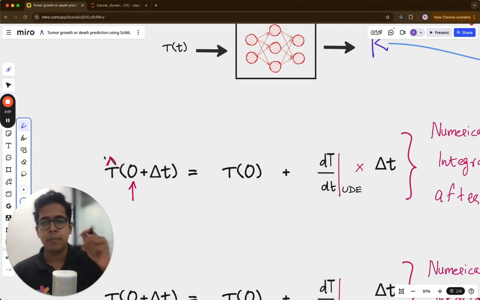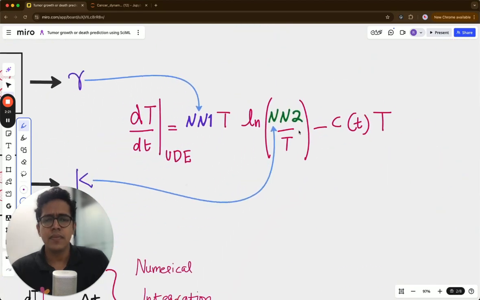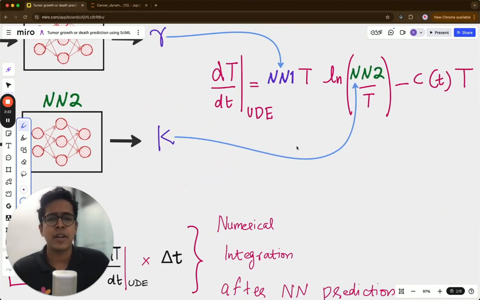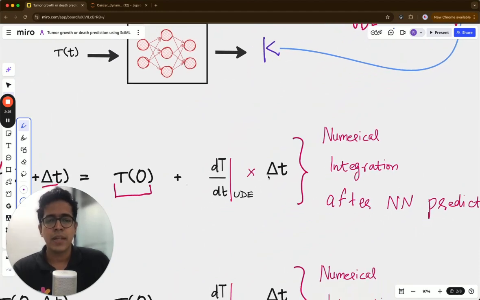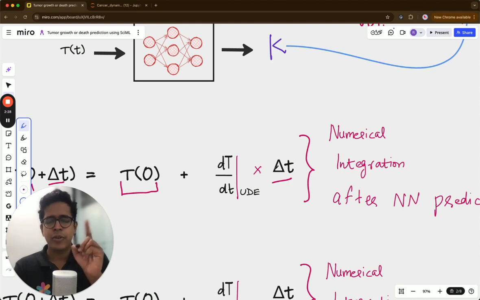This cap means it's a predicted value at a time point t plus delta t, that is equal to the initial size of the tumor plus dT by dt, that is the rate of change of size of the tumor predicted by the UDE. And what is that? That is this equation. This equation is the predicted value of the rate of change of tumor size by the UDE, multiplied by delta t. So this is one step of numerical integration, like an Euler integration.